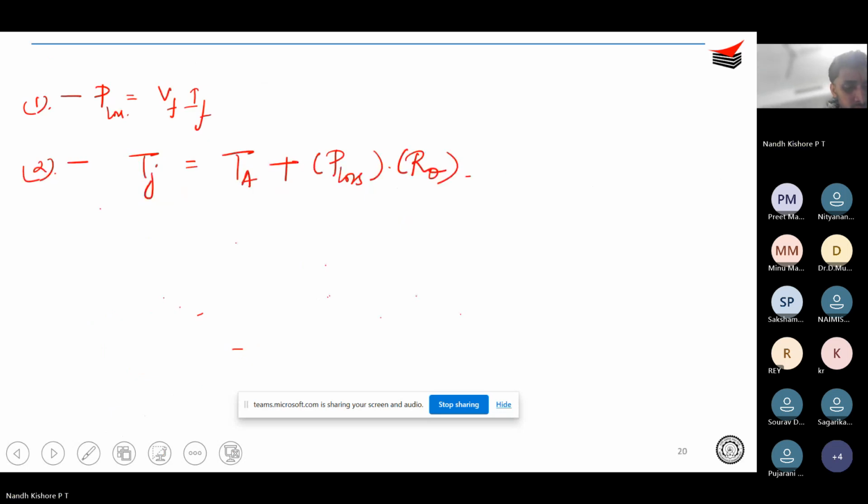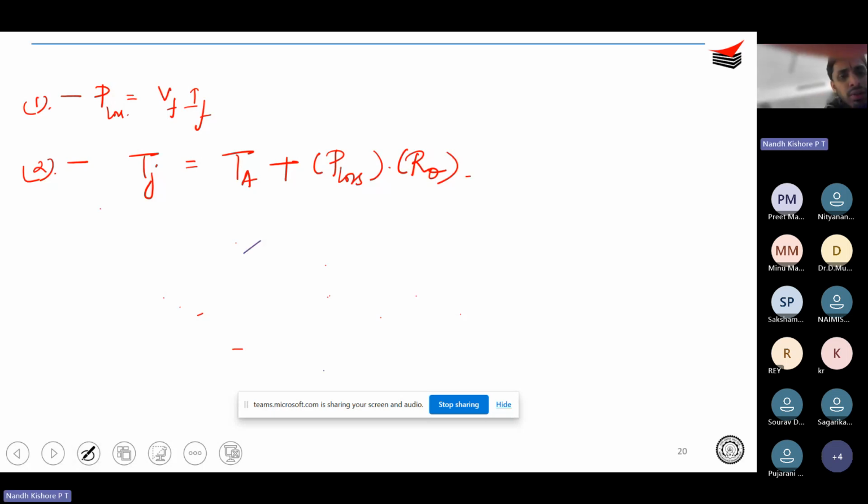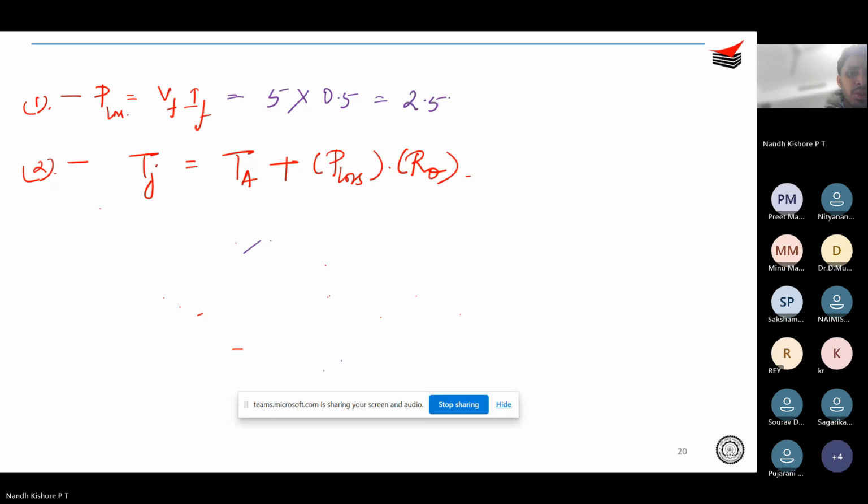So that's how you are supposed to calculate over here as well. Let's just calculate. So what is Vf into If? 5 into 0.5, right? That is 2.5 watts. So Tj is Ta, 40, plus P loss, 2.5, multiplied by R theta. What is R theta? R theta is also 40, right?